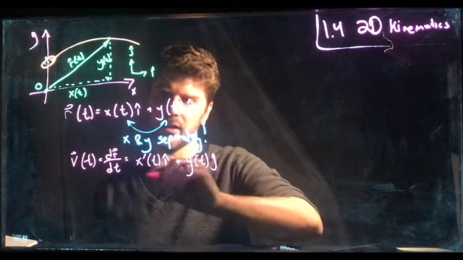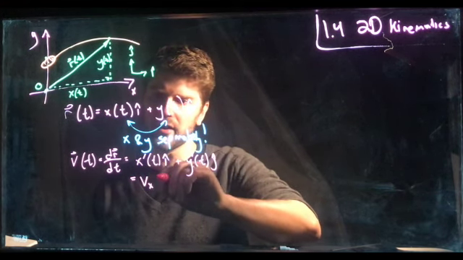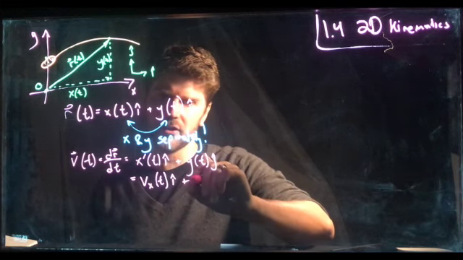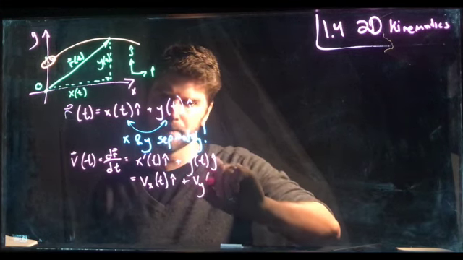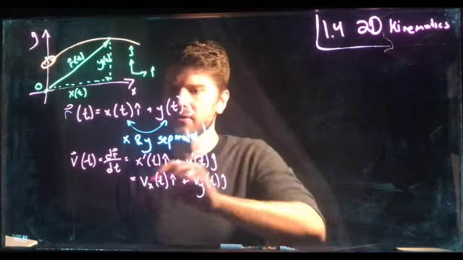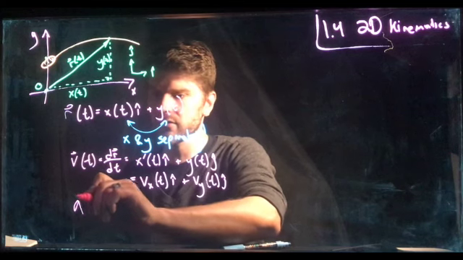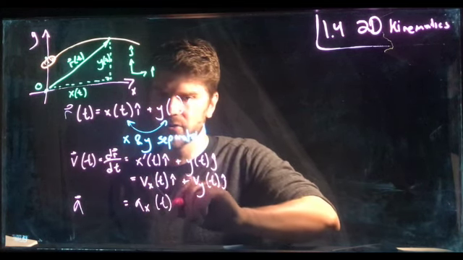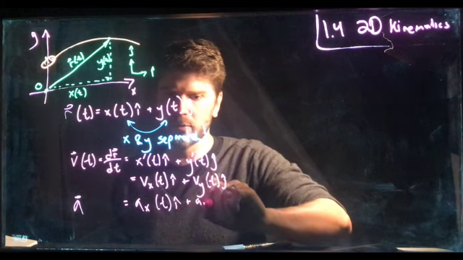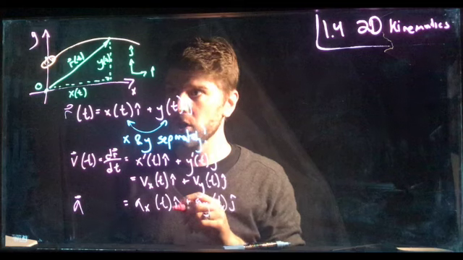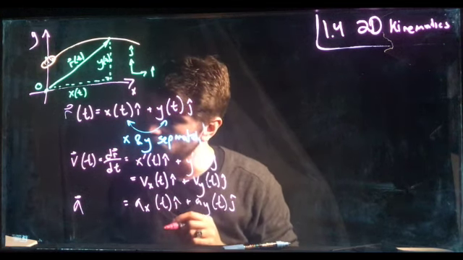That is to say, we have an x velocity at all times and a y velocity at all times. And again, they don't mix. And similarly, we can write our acceleration vector as just x acceleration and y acceleration. So again, I'm driving home the point here that x and y can be treated totally distinctly and totally separately for most purposes.